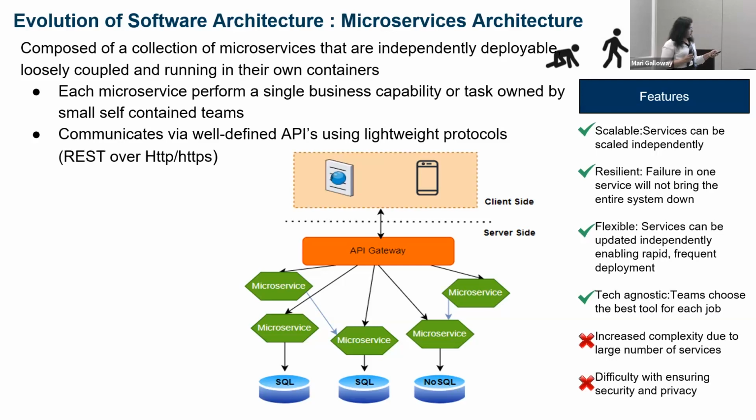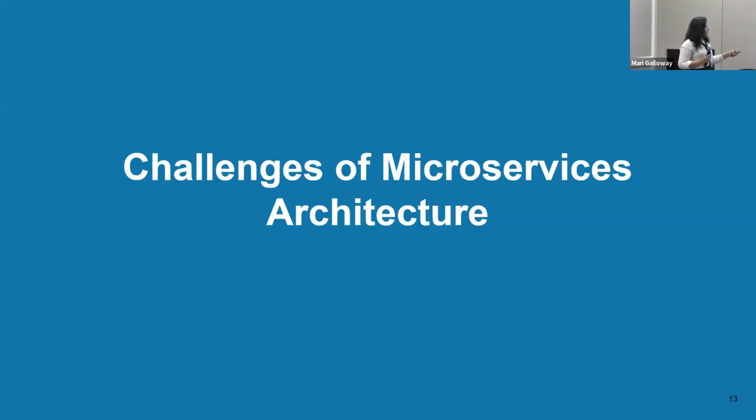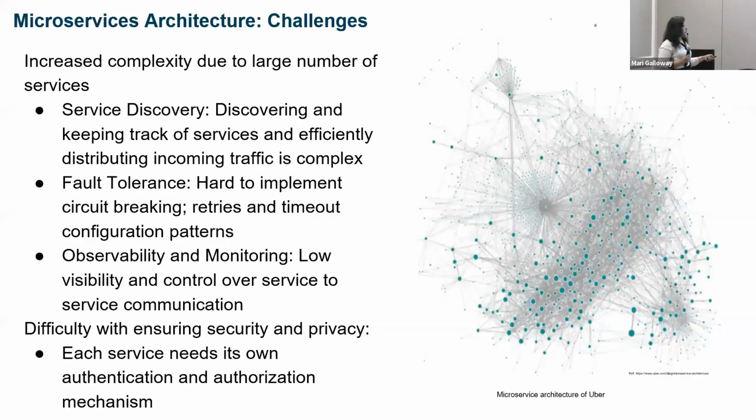So let's look at those two points in a little bit of detail. What are the challenges of the microservices architecture? On the right-hand side, I have the microservices architecture of Uber. As you can see, all these green dots represent the microservices that are deployed in the Uber architecture.